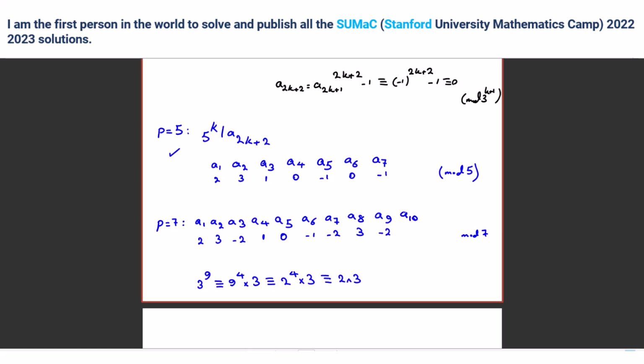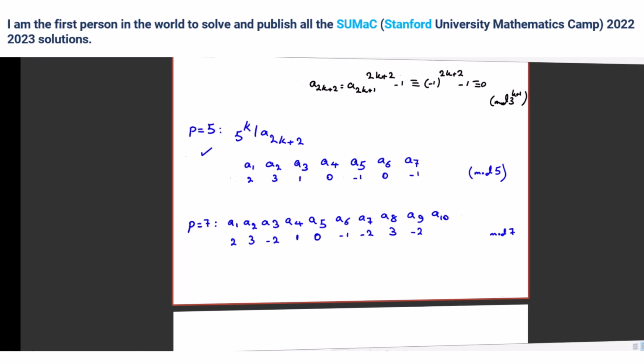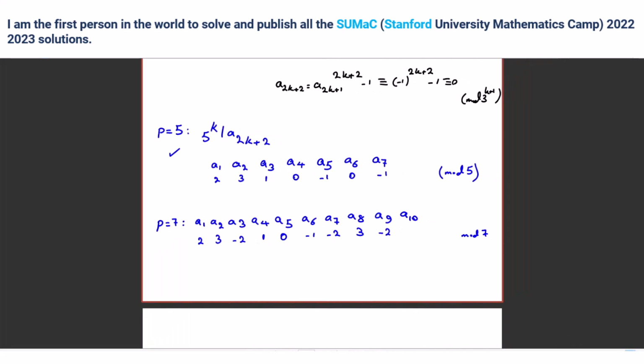Oh, it's -1. I forgot the minus. I did exactly what you did to get to 6. Yes, at the end you should subtract 1. Okay, so now calculate a10. Oh, this is annoying stuff. It's 1. Okay, let's check.